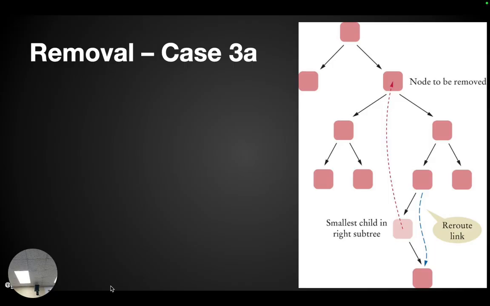So we need to somehow restructure our tree so it's still a valid binary search tree where all the nodes are in the right places, but we got to get rid of that one. So we're basically rebuilding the tree in the least invasive way possible, which is to find a single node we can just swap up there.